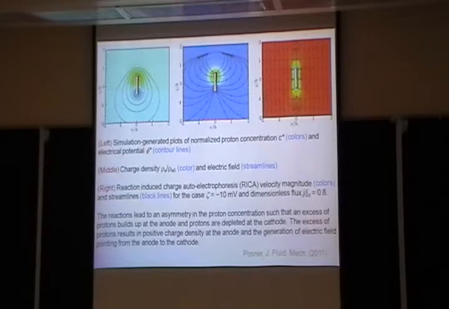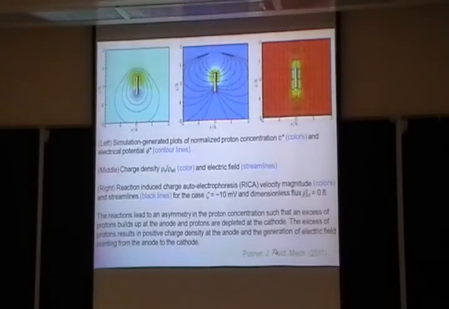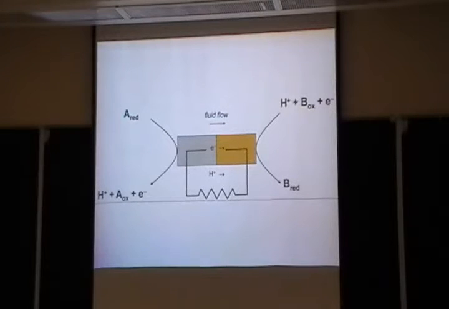And basically, the mechanism is exactly what we just suggested. In fact, this is from Posner's article. Now, this general concept that you're going to have a redox reaction where you have oxidation at one end and reduction at the other end.